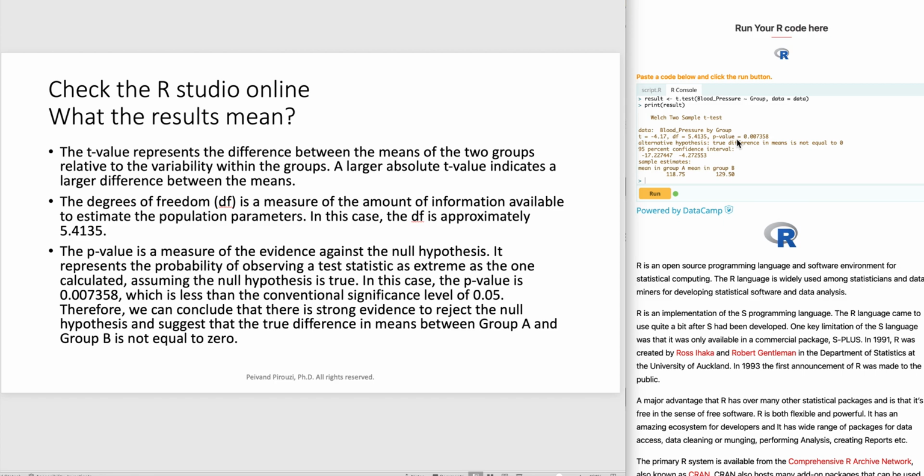Our nil hypothesis is that the drug doesn't affect the blood pressure in any way, before or after the treatment. This is our nil hypothesis.